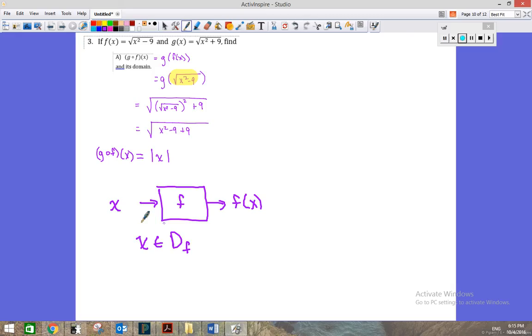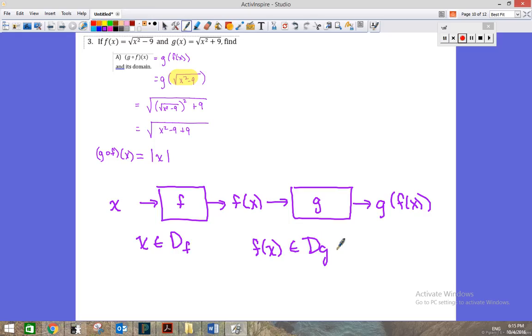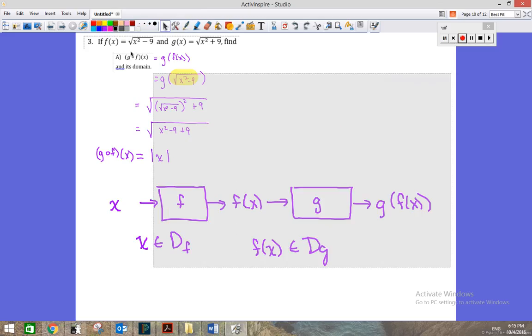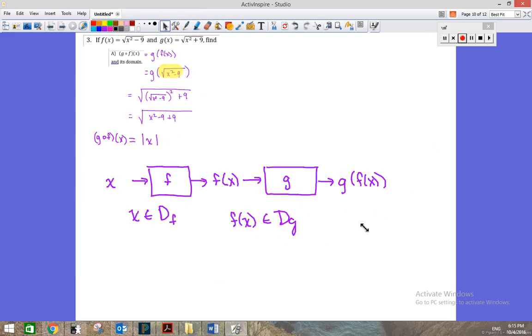If it's not in the domain, you won't get an output. That output becomes the input into the second function. In order to get an output of that second function, this f of x has to be in the domain of g. So we need to find the domain of f and the domain of g.